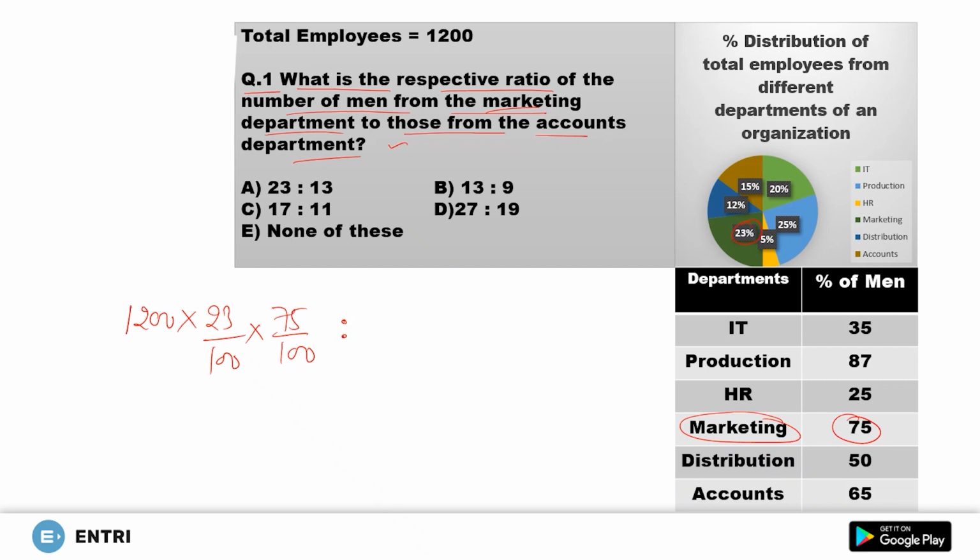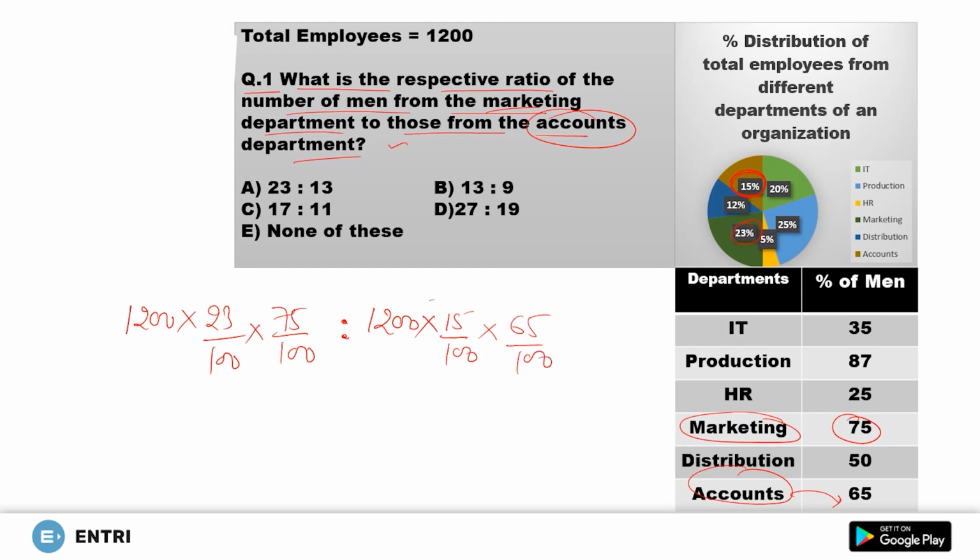It is a ratio. No need to calculate this because you have to find out the ratio. So just use the ratio. Now the total is again 1200. Now you have to find out the males in the accounts department. So what is the total in the accounts department? The total is 15%, into, in the accounts department, if you talk about males, they are 65%.